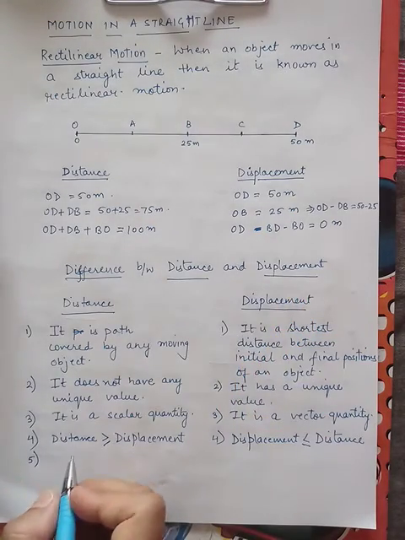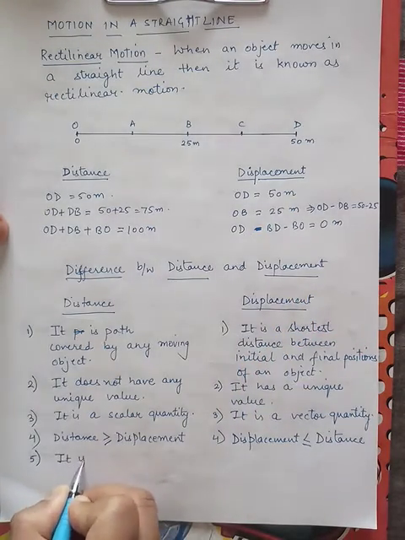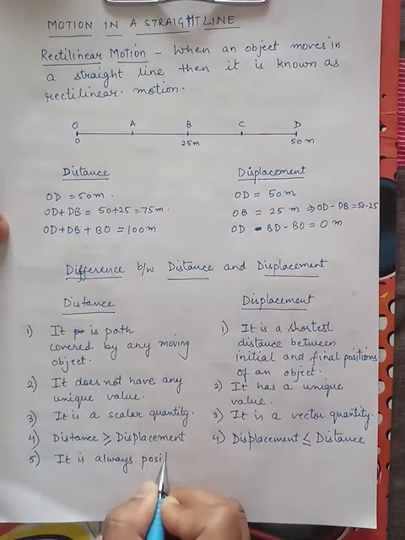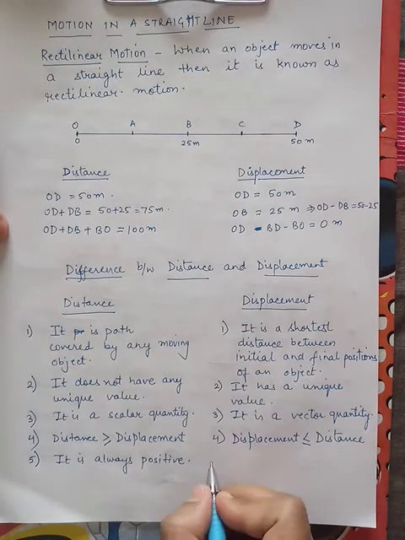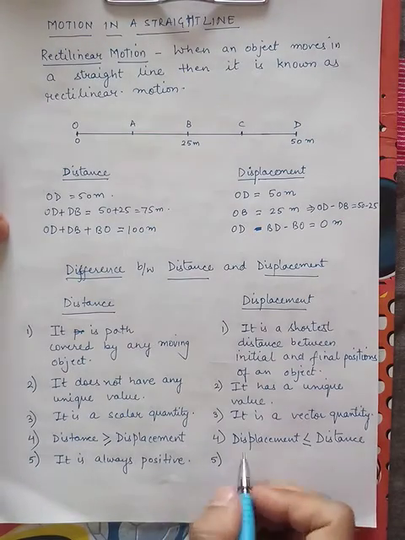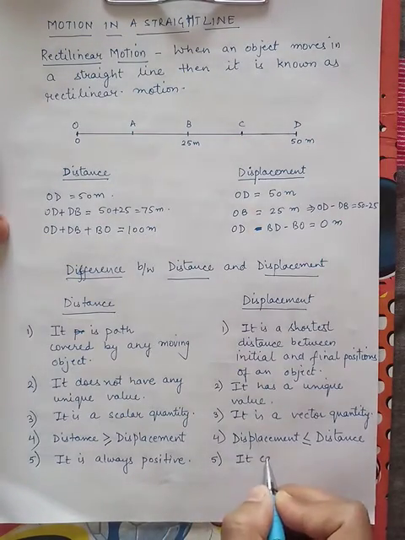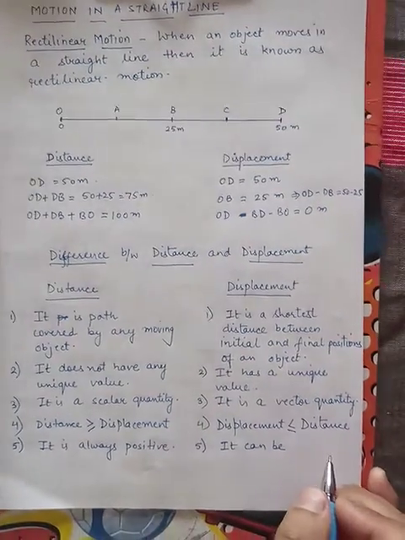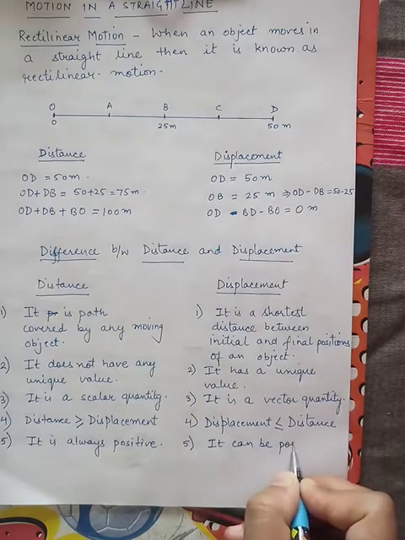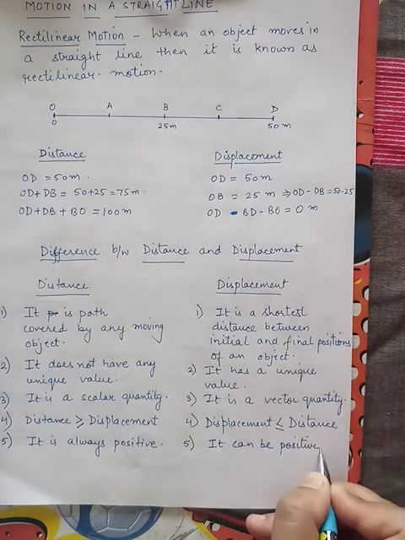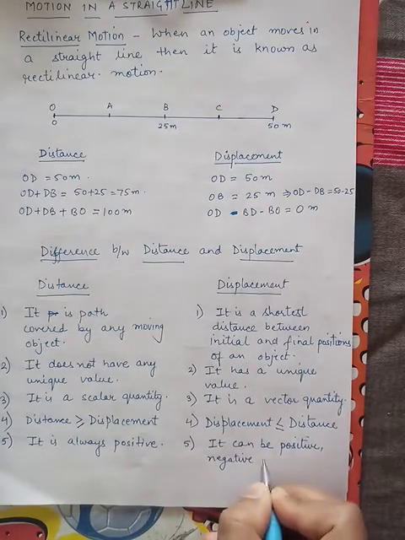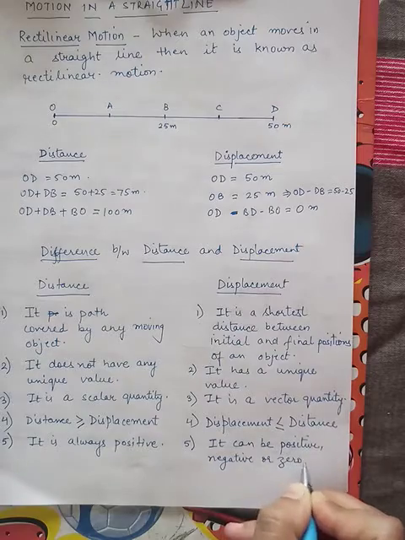So we write, it is always positive, and here, it can be positive, negative or zero.